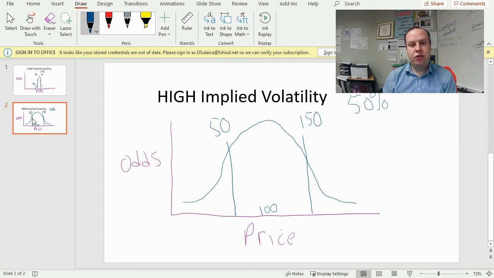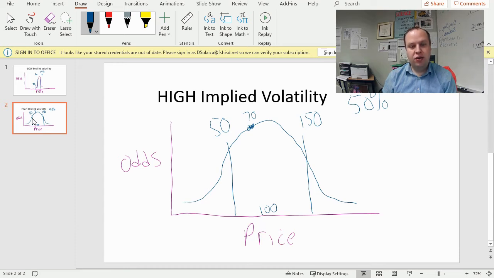In this case, if you sold a cash secured put at, say, 70 right here, you're going to have a decent amount of premium, because there'll be some option buyers that are willing to take the chance that they think it might go much lower than that and then make money on the option, either by exercising it.